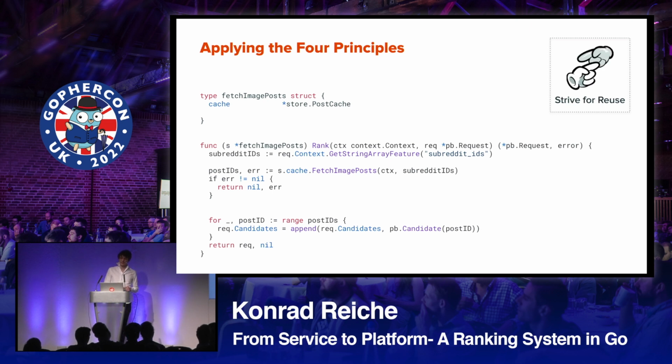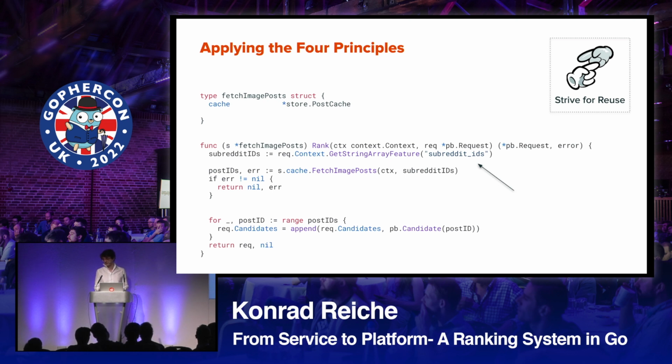Okay, next, strive for reuse. We want to increase the chance that someone else is going to include a stage in their ranking pipeline. Sort of increase the toolbox that is available. And so the key used to look up this feature is something we don't have to hard code here.